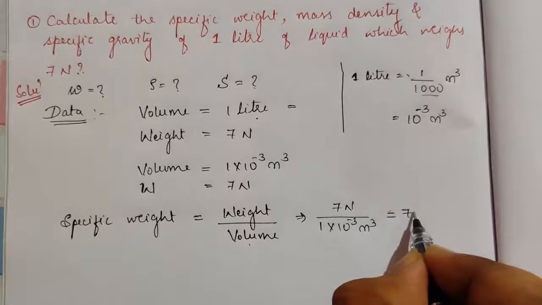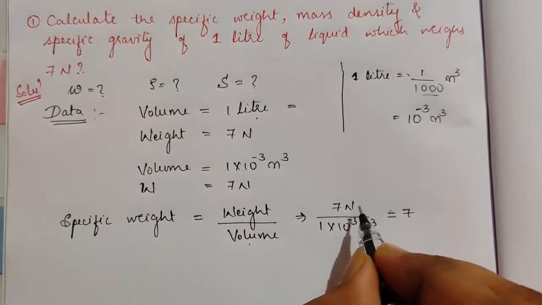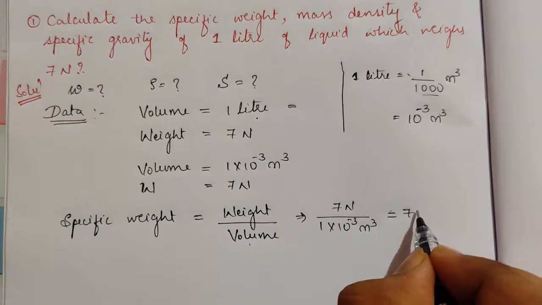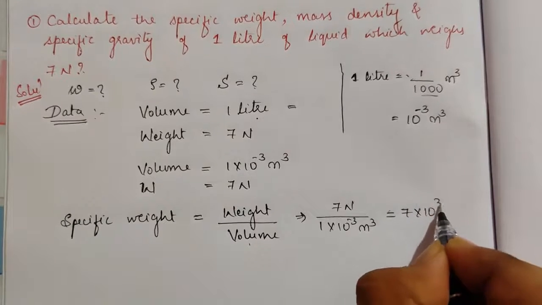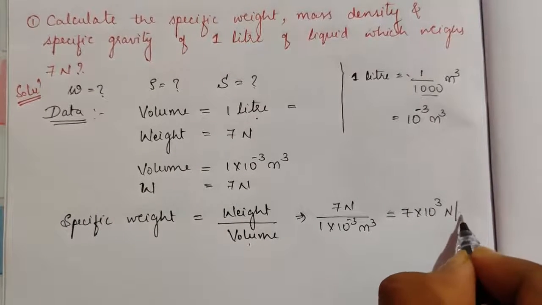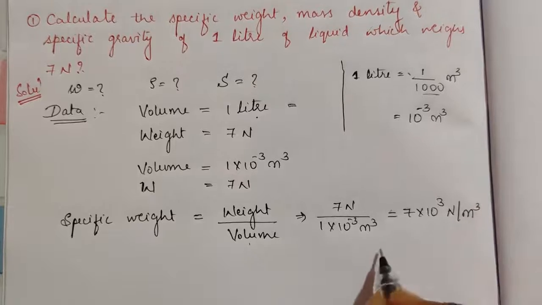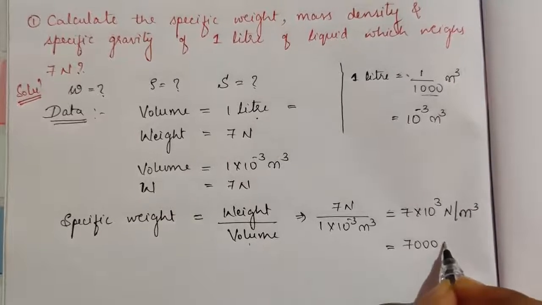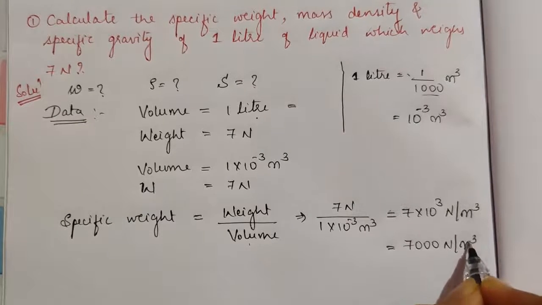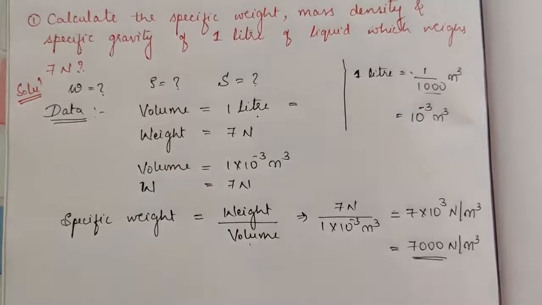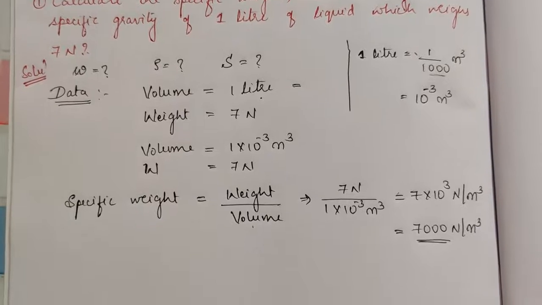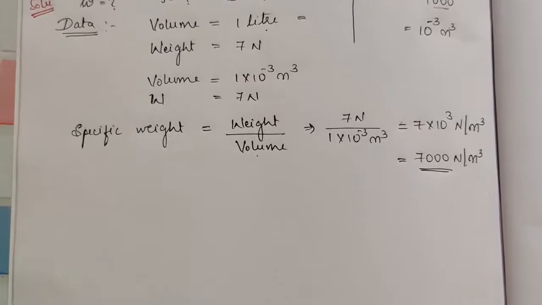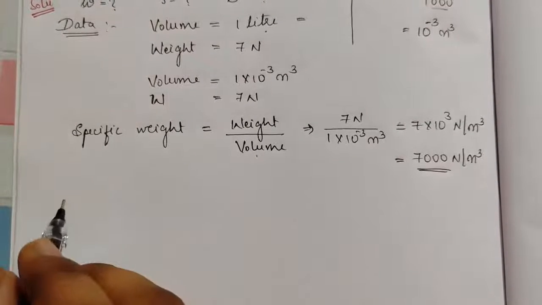So when we solve, 10 power minus 3 will go upward and become 10 to the power of 3, so 7 into 10 power 3 Newton per meter cube, or we can also write 7000 Newton per meter cube. Just we have to substitute in the formula.